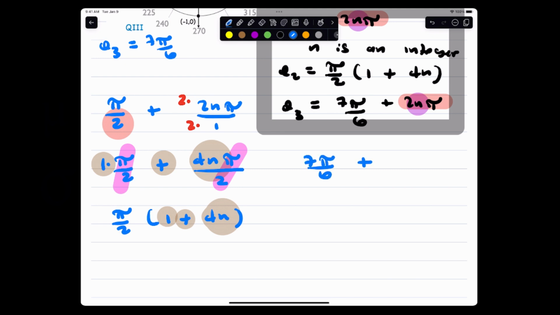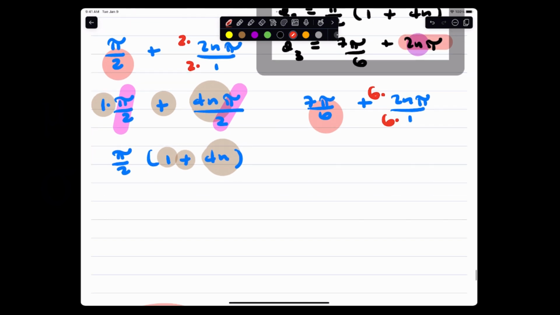Now pi over 6 plus 2n pi. 2n pi over 1. And then down here you got a 6. And what do you guys do now? 6, 6. What do you end up with? 7 pi over 6 plus 12n pi over 6. Factor out your pi over 6.